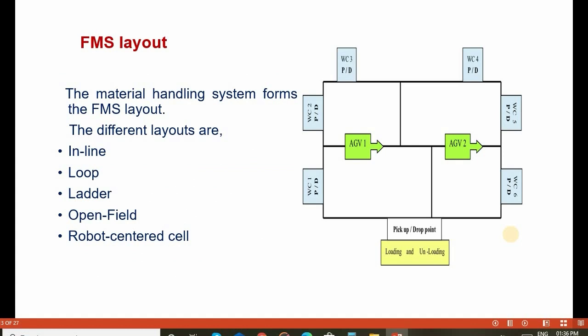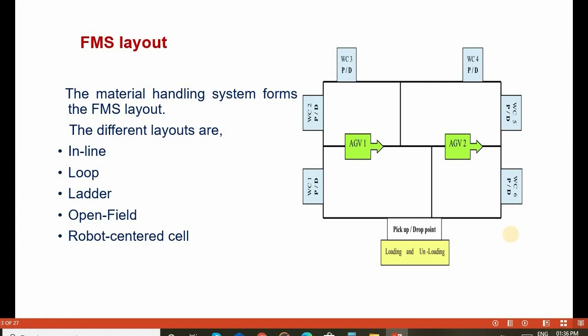The flexible manufacturing system layout is formed with the help of the material handling system. The different layouts for material handling systems are the inline layout, loop layout, ladder layout, open field layout, and robot centered cell layout.